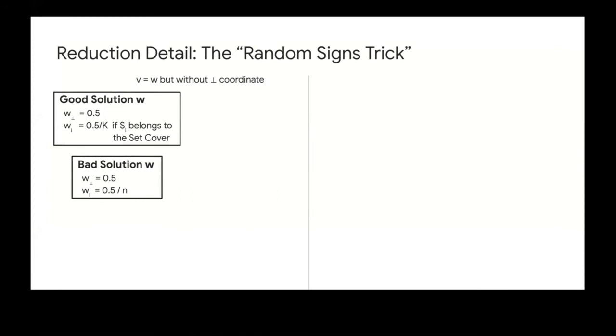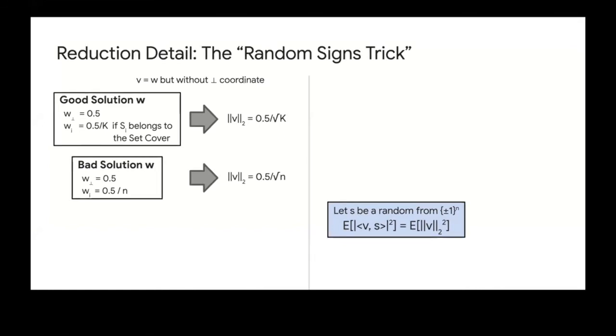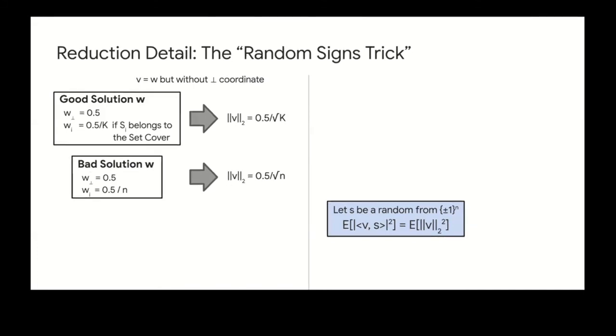To design such a sample, we use the following trick. If we let S be a random plus-minus 1 vector, and we look at V dot S, where V is some fixed vector, then the expectation of (V dot S) squared is just equal to the L2 norm of V squared.